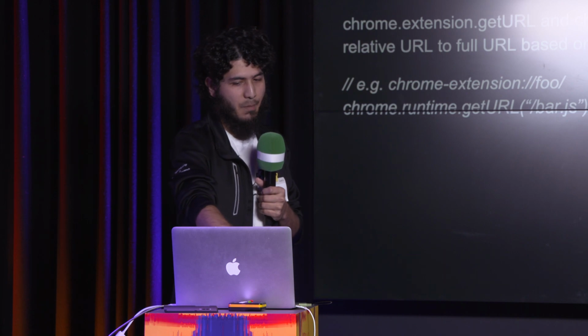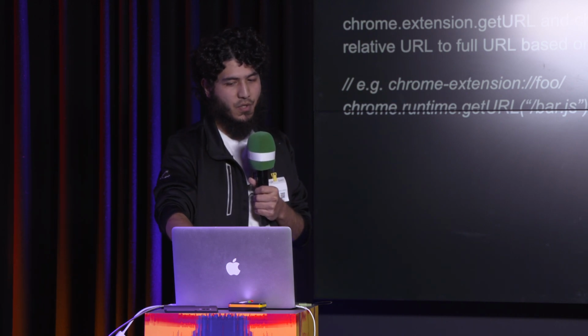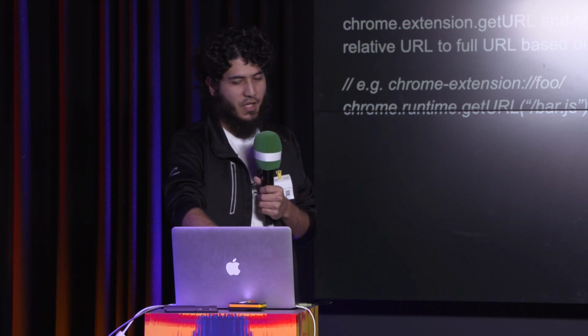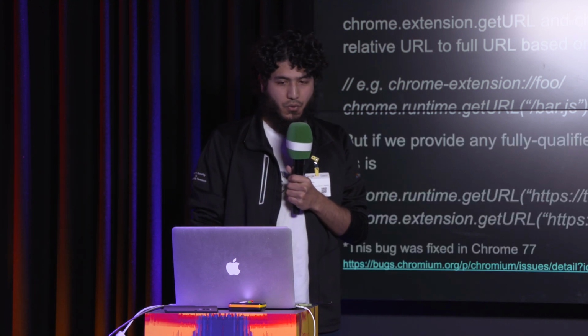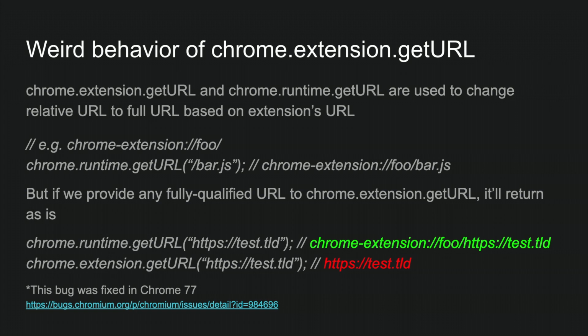So if you say bar.js and your extension is foo, you will get this URL in the result. But if you give an HTTPS URL, the runtime version will provide a full path with the extension, but the old API will just return it as is.